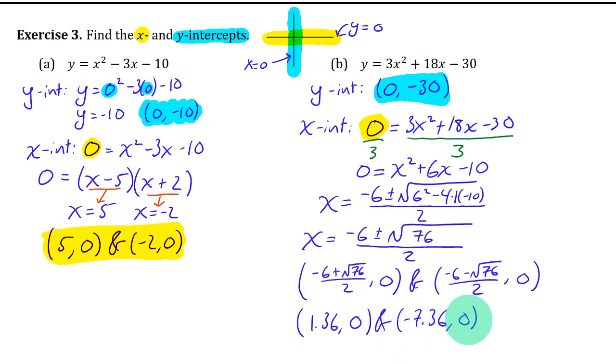All right, so those are your x-intercepts of that.